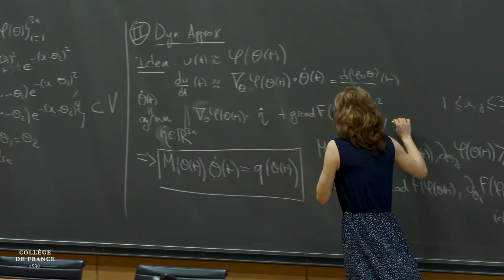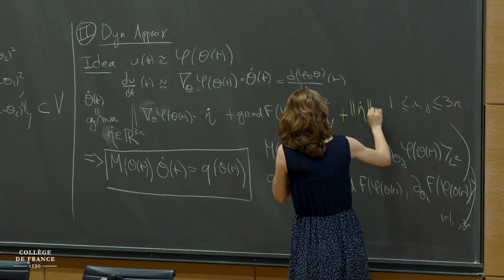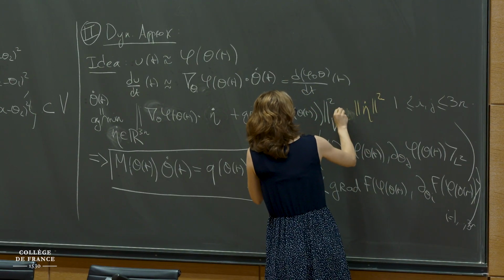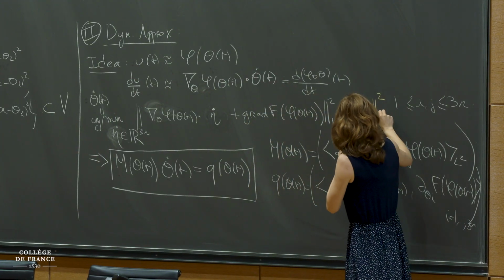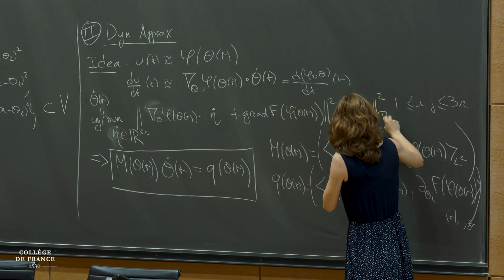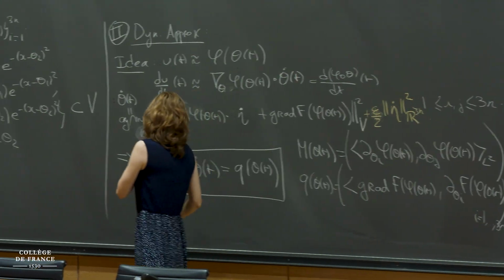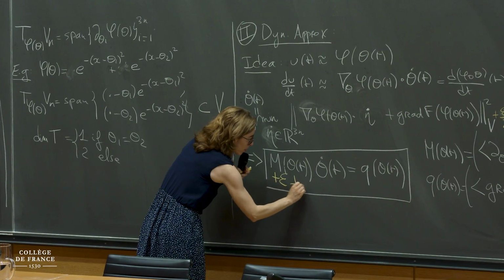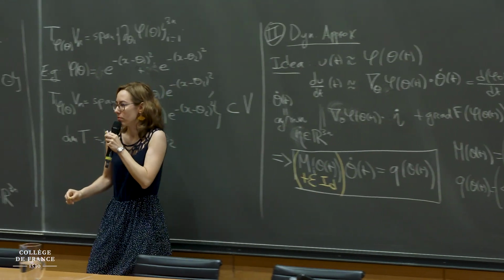If you add some regularization term here of this type, for example, you put here regularization of the type epsilon over 2, norm of eta squared in R^3n, you're going to get here some regularization term that is going to pop up and which is going to be of this form, for example.